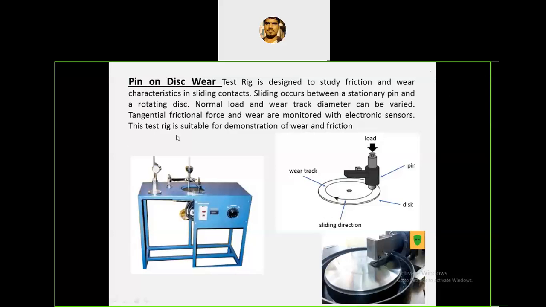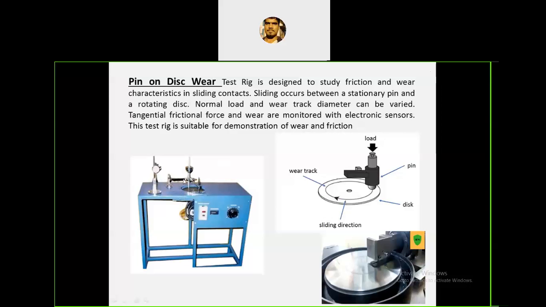It's a device which consists of a load, a measured parameter, and a pin, which is also called a holder. And this is a wear disc, a standard disc, and here the sliding direction, and the wear track forms because of the sliding. Okay, this is a standard test.